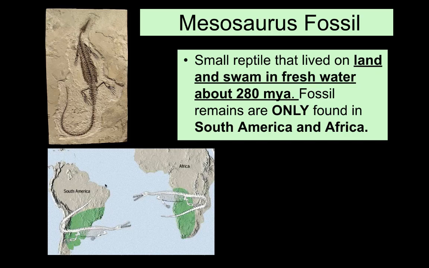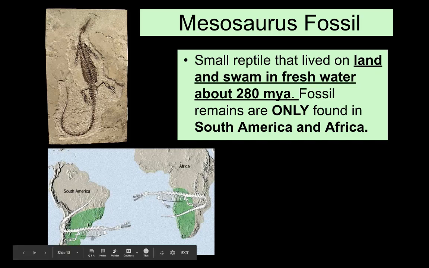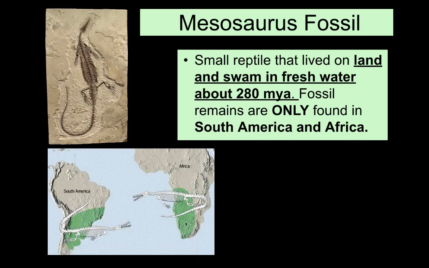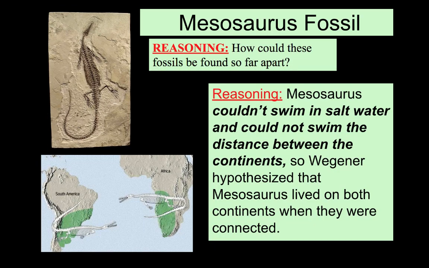And you can see that it's the southern portion of South America and the northwest portion of Africa where we have fossil remains of Mesosaurus fossils. Now, this is really important because Mesosaurus, again, was a small reptile, and it also only swam in fresh water.